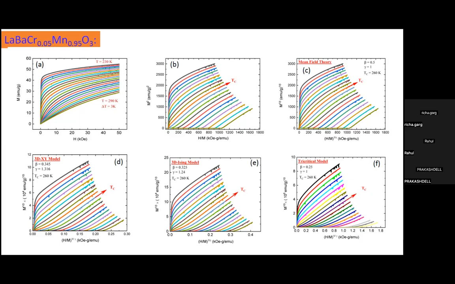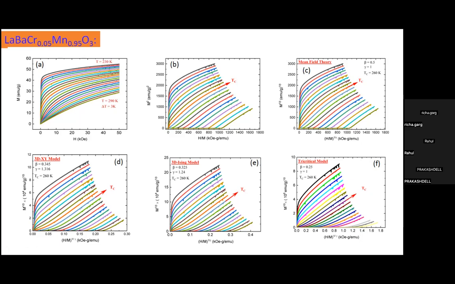There are several models. Beta is nothing but the variation of spontaneous magnetization. If you actually draw the linear line and see where it intersects the y-axis, this Arrott plot says how to distinguish between second order and first order phase transition.